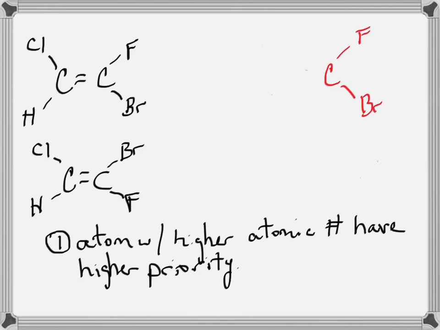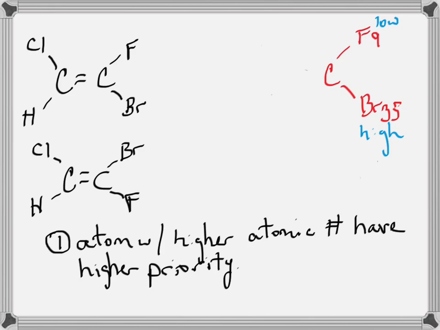So for that we need a periodic table. If you look on the periodic table, fluorine has a 9 atomic number and bromine has 35. And so bromine has the higher atomic number, therefore it has the higher priority. So the bromine is high priority and the fluorine is low priority when you compare those two groups hanging on that carbon atom.